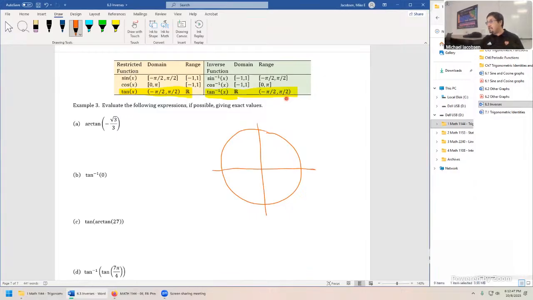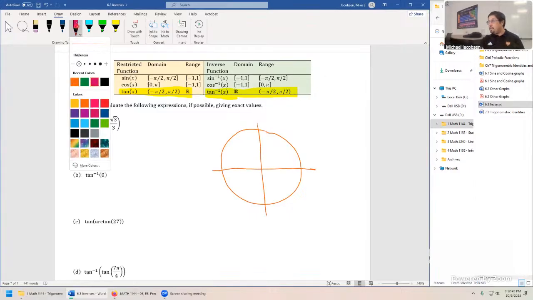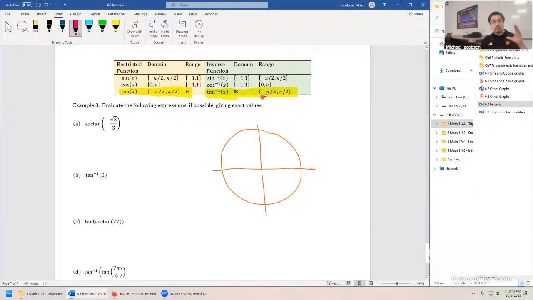On this graph, we have to be mindful of the fact that those are parentheses. It means negative pi over 2 and positive pi over 2 are not actual parts of this range, nor this domain. And here's how I would convey that information. On negative pi over 2 going this way, I'm putting an open circle there to say we can take all the values up to that point.